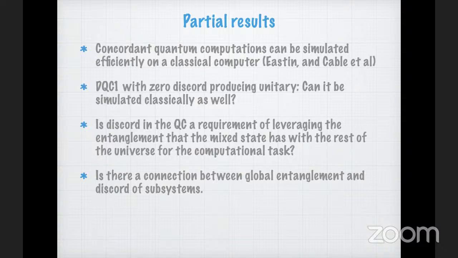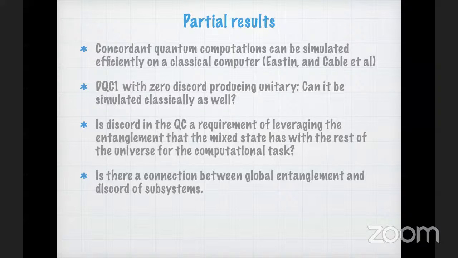And there is still an open question about the DQC1 circuit in which the unitary is specially chosen so that no discord is produced as a result of applying the unitary. Then in that scenario, can it be simulated classically as well?